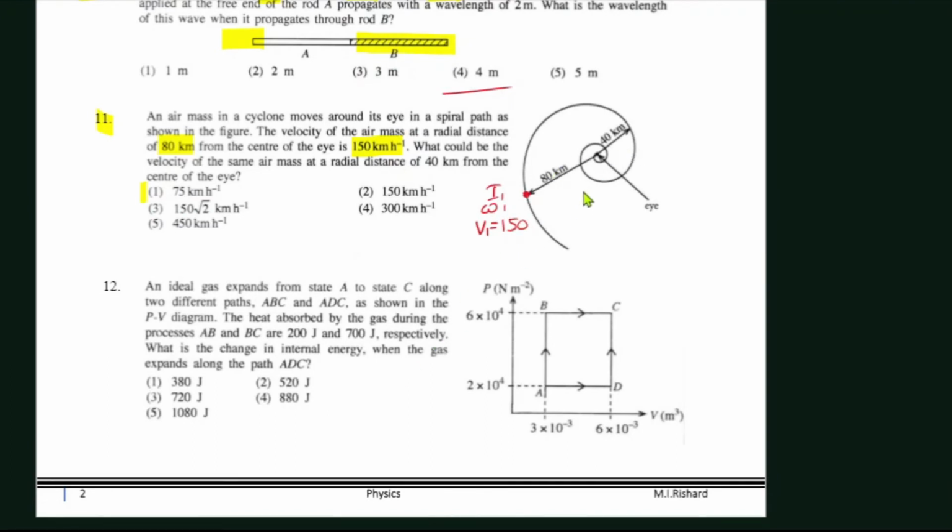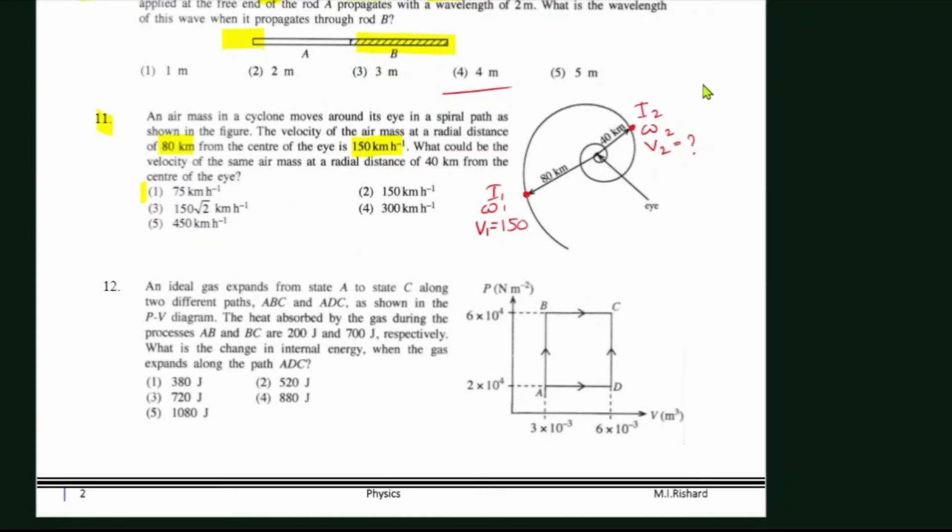In the same way, when the air particle is somewhere here, we can assume its moment of inertia as I2, its angular velocity as omega2, its velocity as v2. This is what we need to find.